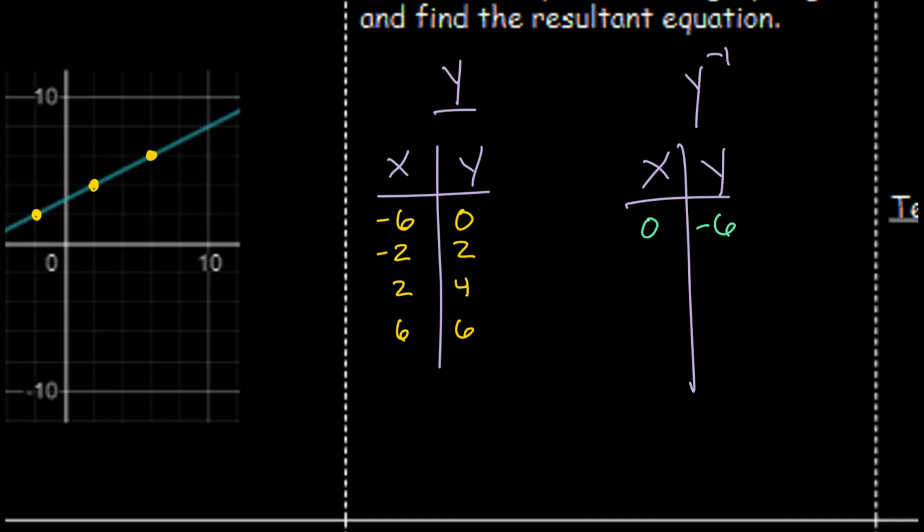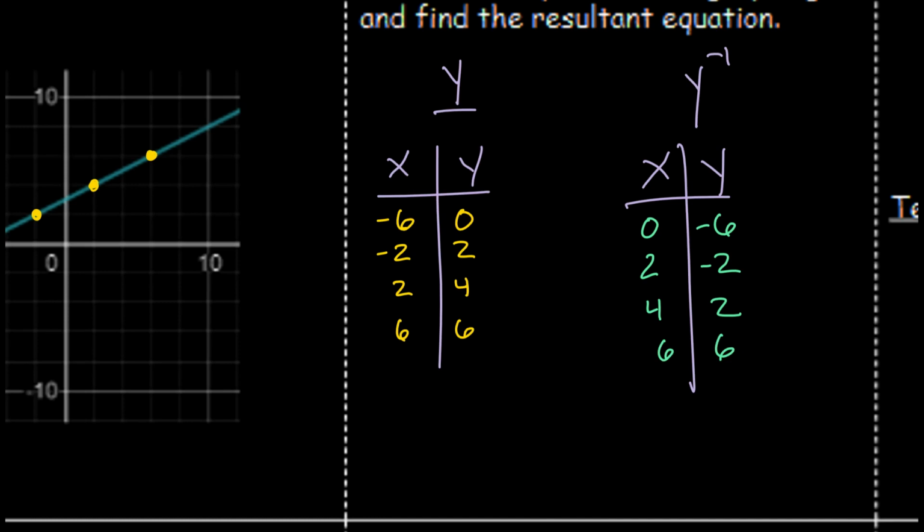You're right. Good. Pariti, what about -2, 2? What is the inverse of that point? 2, -2. Wonderful. Ella, what is the inverse of 2, 4? 4, 2. Yes. And lastly, the inverse of 6, 6, Molly. Yes, it remains the same, 6, 6.